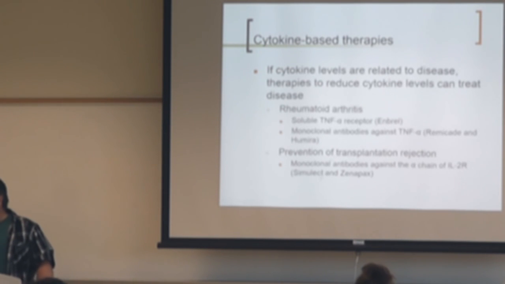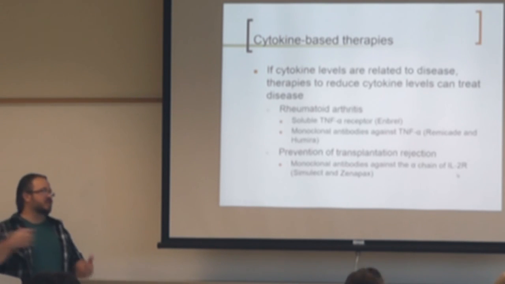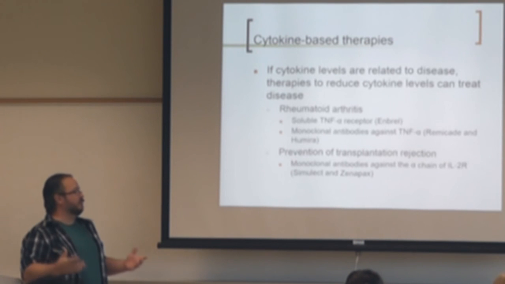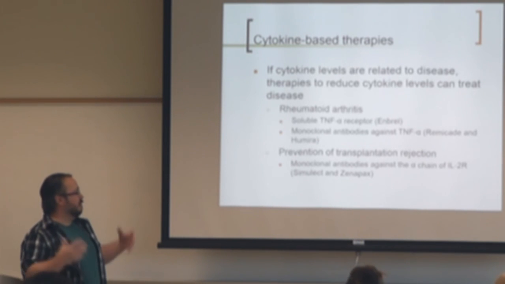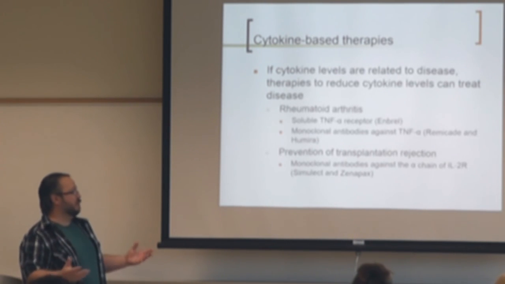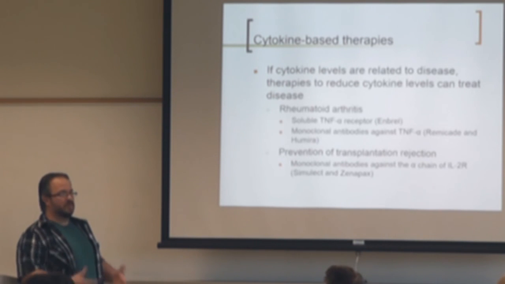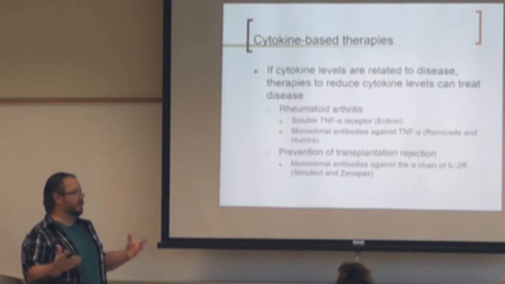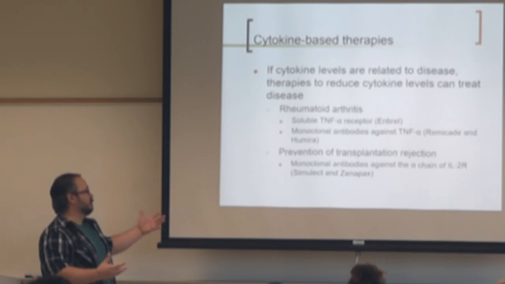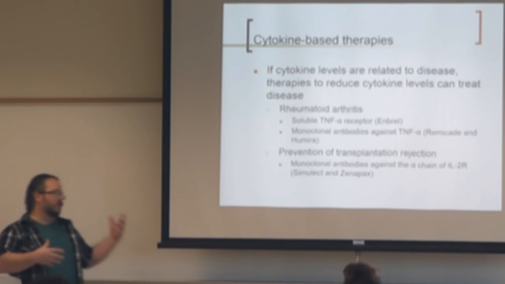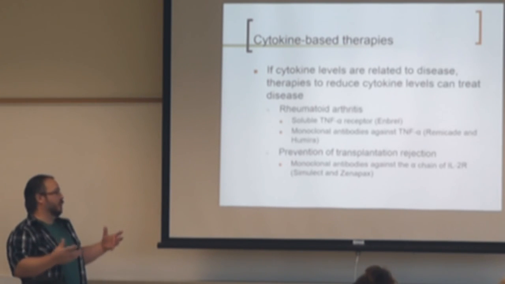We can also prevent transplant rejection. IL-2 is hugely important in T-cell activation and T-cell proliferation. So if I have an antibody that blocks the receptor for that, I can block T-cell responses, or cellular responses, against my transplant, my new liver, or my new heart.